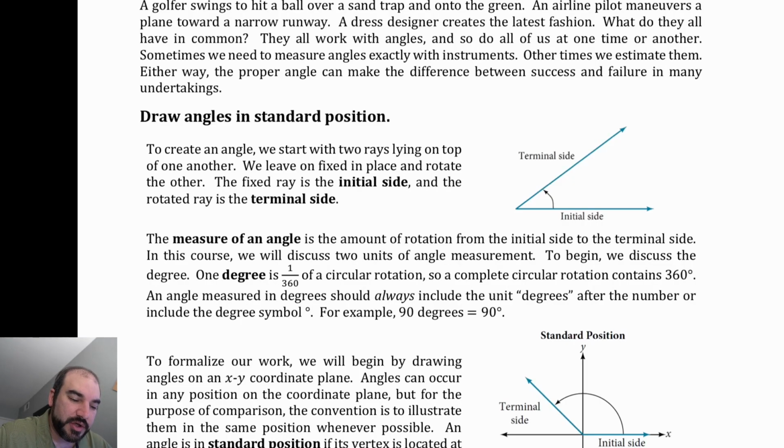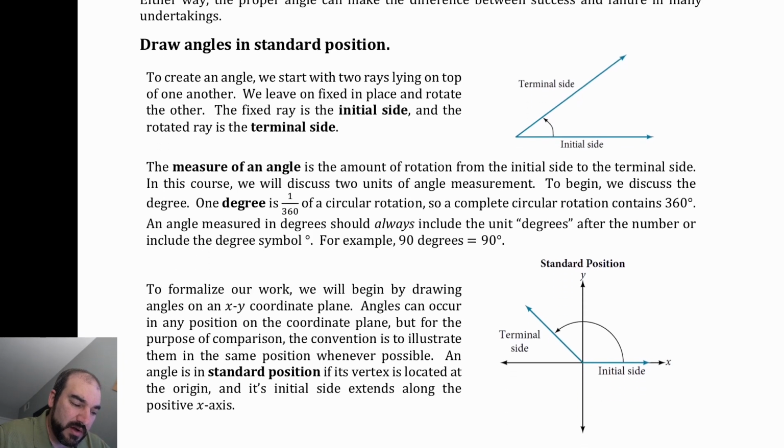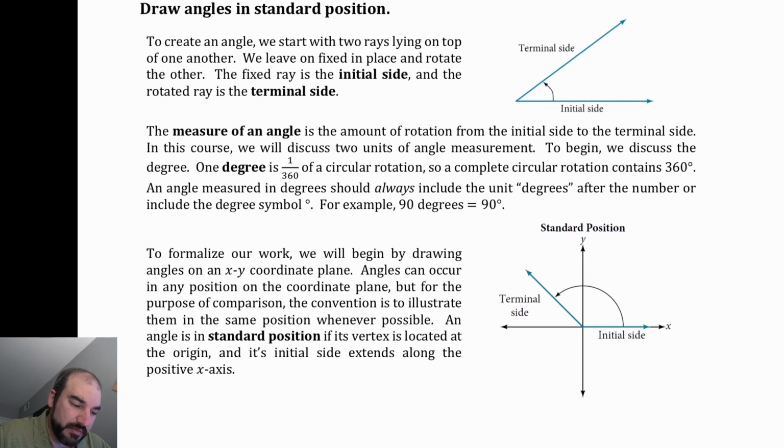When I say terminal side, think of it like two chopsticks opening. You can think about the initial side being stationary and the terminal side swinging open to a certain measure. The measure of an angle is just measuring the opening of an angle.